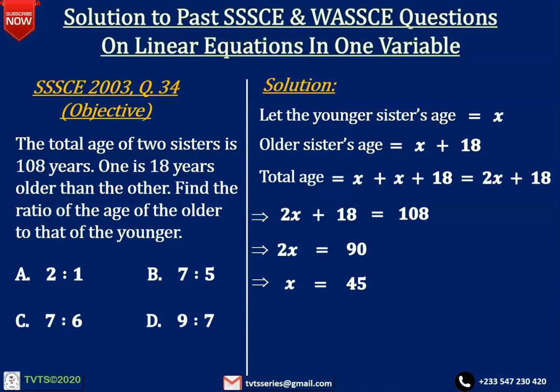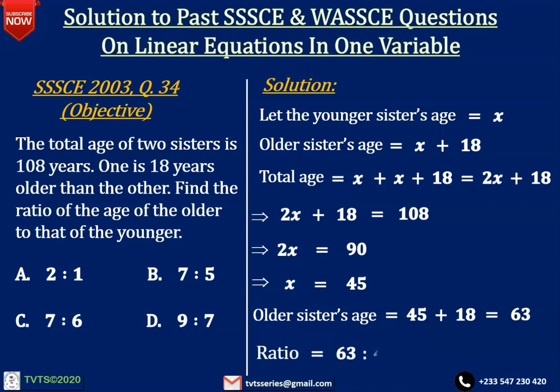The older sister's age then is 45 plus 18, which is 63. So the ratio of the age of the older sister to that of the younger sister is 63 is to 45.